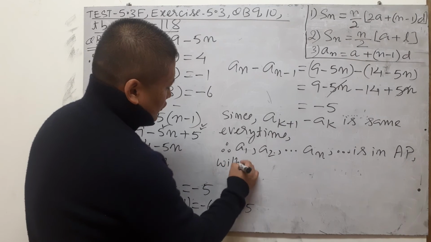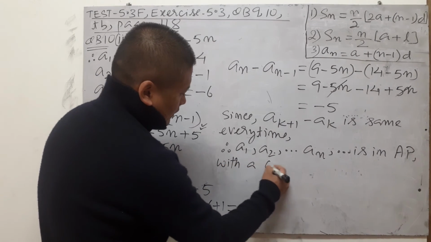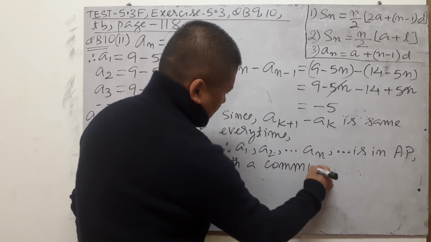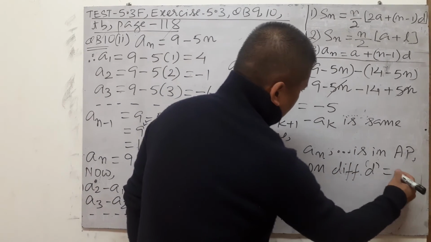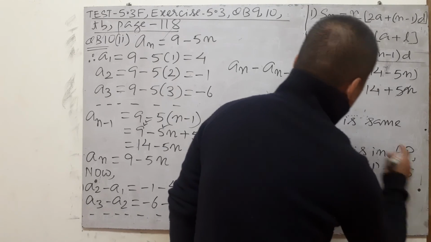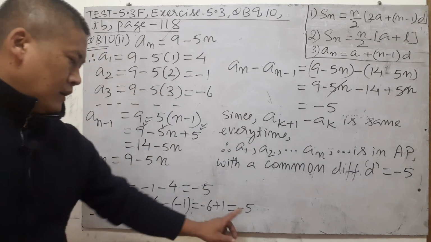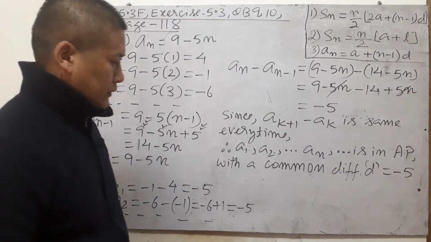So with a common difference D value of minus 5, as we can see here.